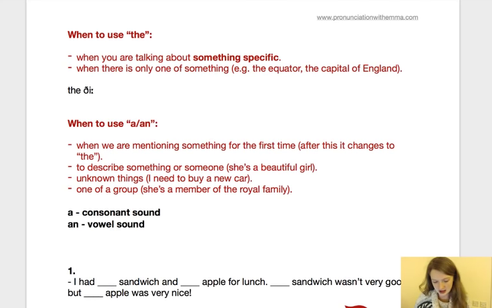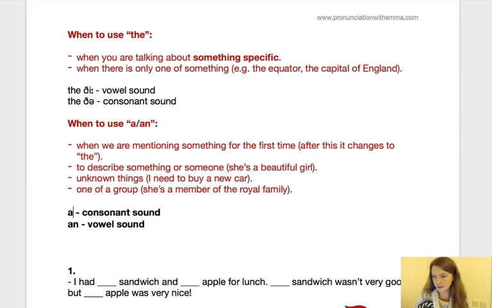So "thee" would be when you have a vowel sound, and then you have a consonant sound for the next one. So I would say thee apple, thee apple, and the table, the table.